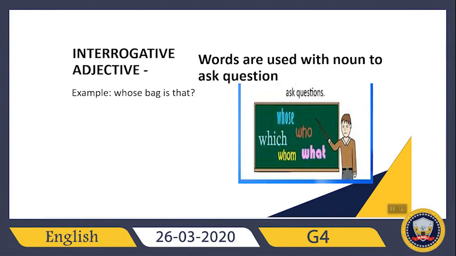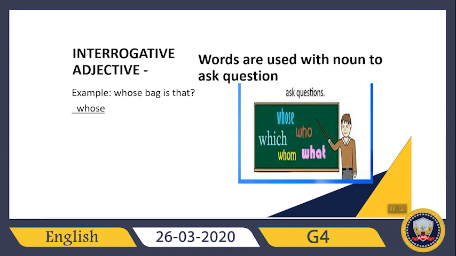So probably you don't know whose is also used when you ask a question. So if I should ask you what is the adjective in this sentence, probably you might choose something else, but the answer is whose, because it is used to ask a question with a noun.